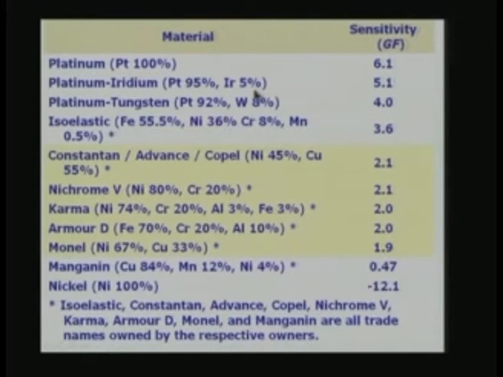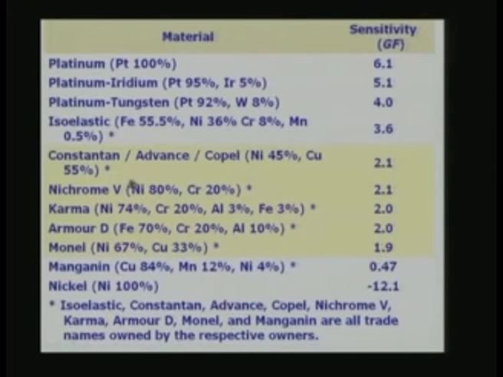Platinum RTD resistance thermometers are made of 100% platinum, and they have a sensitivity of 6.1. Platinum iridium, 95% platinum and 5% iridium, is 5.1. Platinum tungsten, 92% platinum and 8% tungsten, is 4. Then you see I have shown some with a yellow background.